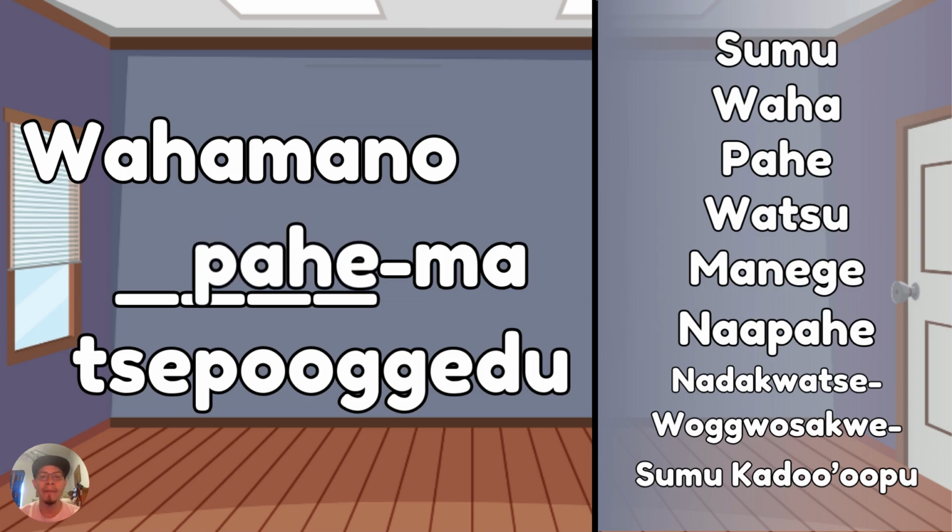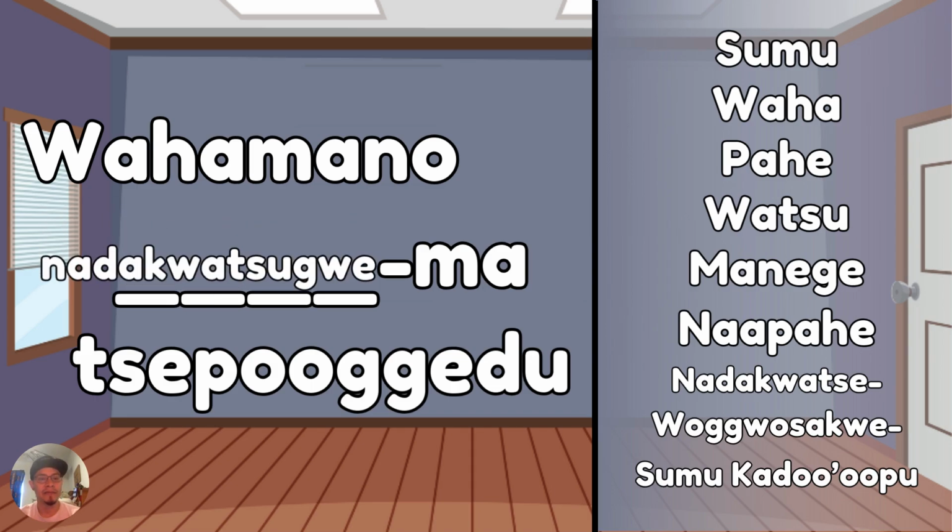23 is Wahama no Bahima tsipugid. 24, Wahama no Watsuma tsipugid. 25, Wahama no Manigi ma tsipugid. 26, Wahama no Napahi ma tsipugid. 27, Wahama no Nadakutsi ma tsipugid. 28, Wahama no Wogosukwi ma tsipugid.